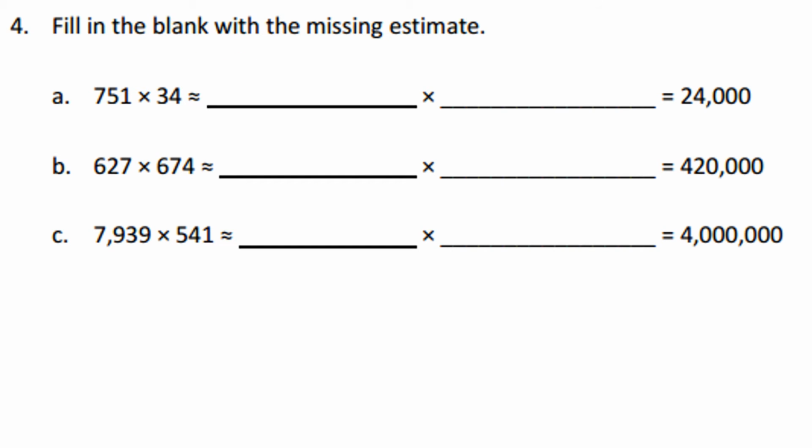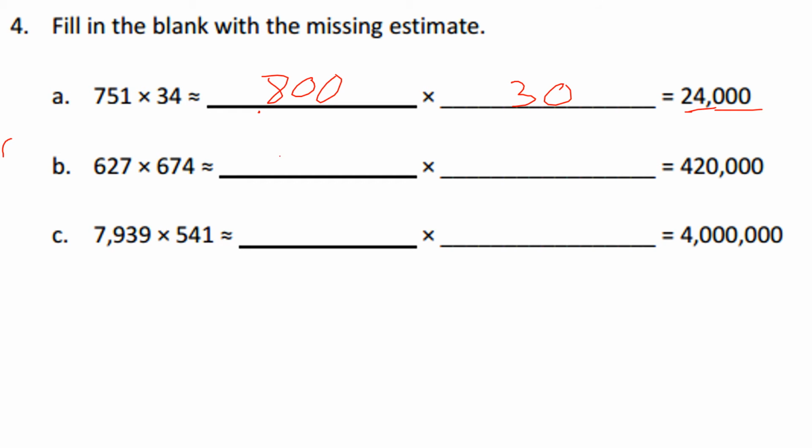On 4, it says fill in the blank with a missing estimate. On this one, we're actually going to go ahead and round. We know it's either 700 or 800. This one would be 800. The second one is 30 or 40. It's going to be 30. And we can check it now because 8 times 3 is 24, and we have 3 zeros.